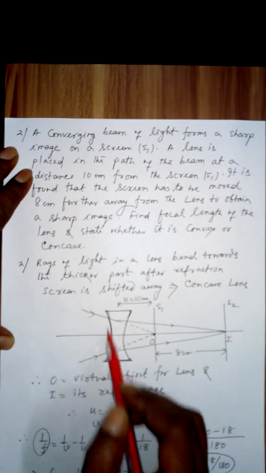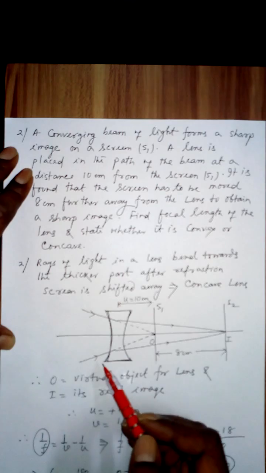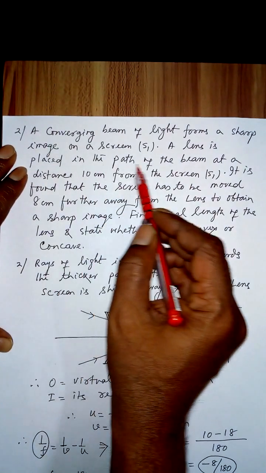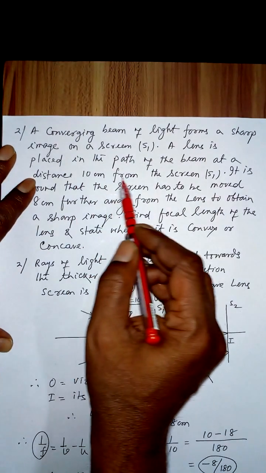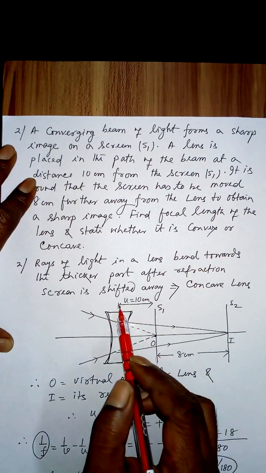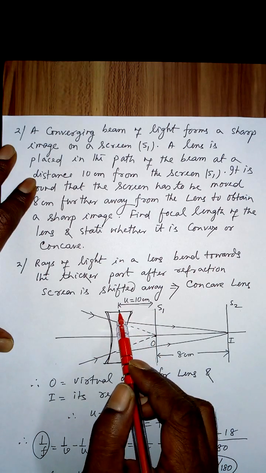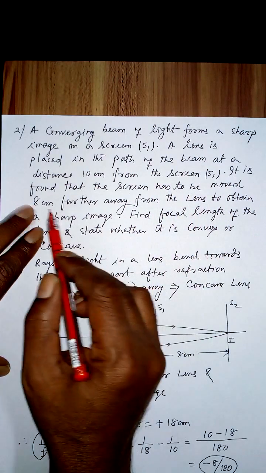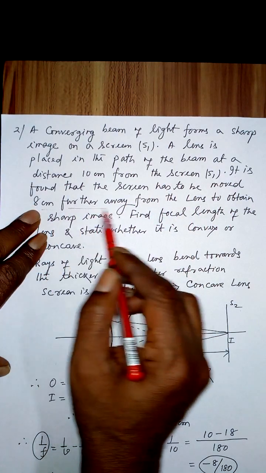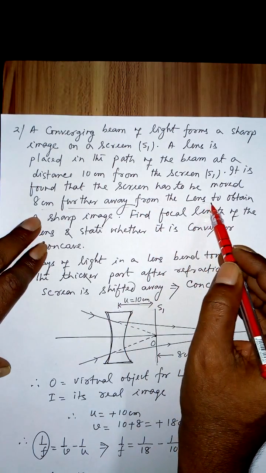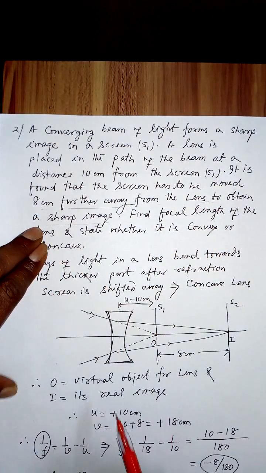This is a lens. I don't know whether it is a convex lens or a concave lens initially. A lens is placed in the path of the beam at a distance 10 centimeter from the screen. It is found that the screen has to be moved 8 centimeter further away from the lens to obtain a sharp image.